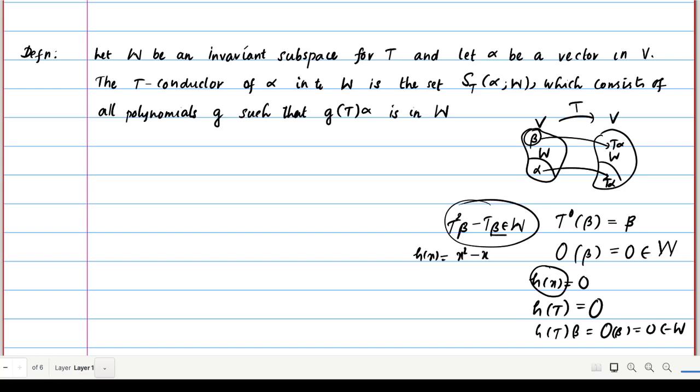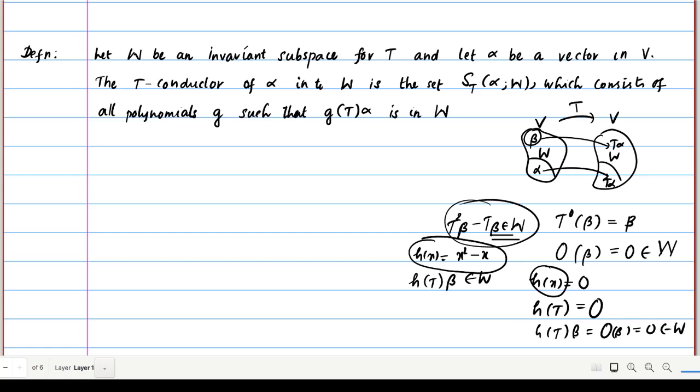If this is true, then h of x equal to x square minus x gives h of T of beta in W. h of T of beta is T square minus T of beta. If that quantity is in W, then this h helps us find a polynomial in T which brings this beta into W.